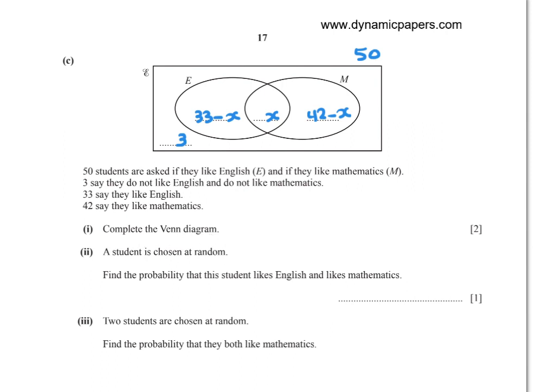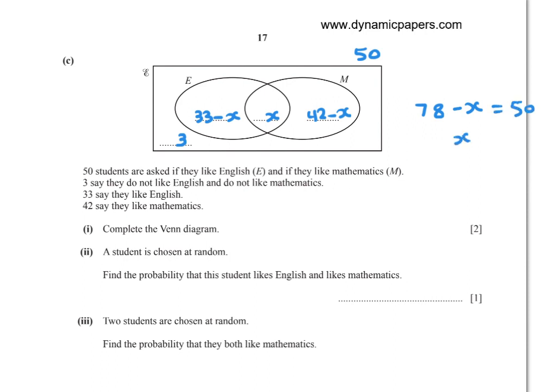So we need to find X. To find X, we can add all, then equate to 50 and solve for X. If you add 3 plus 33, that's 36, and 36 plus 42 equals 78. So 78 for the numbers. Negative X plus X is 0, and negative X, so we have negative X. This equals 50.